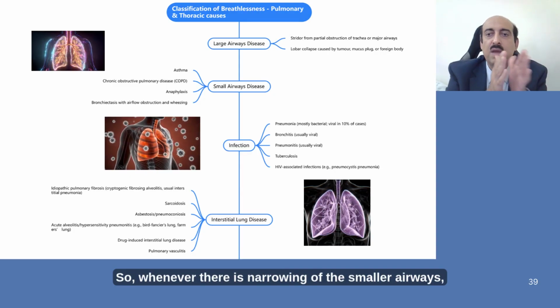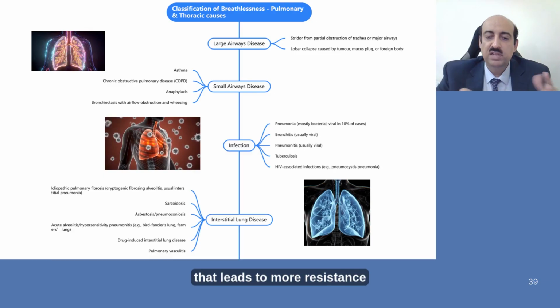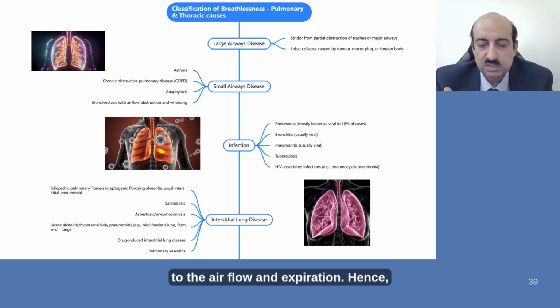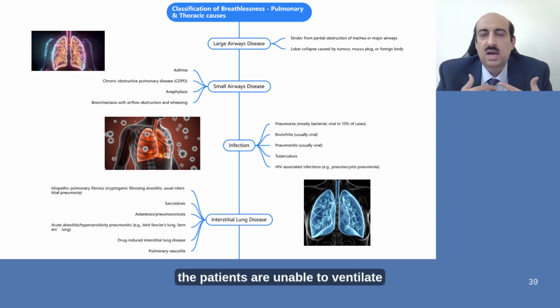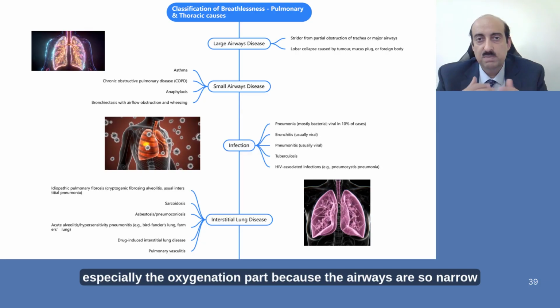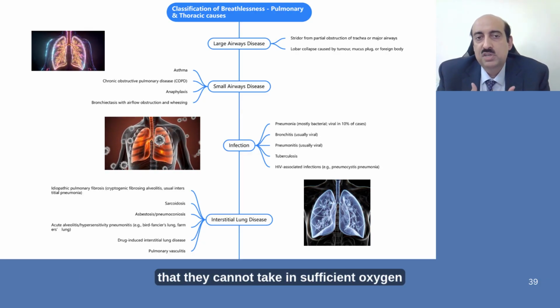So whenever there is narrowing of the smaller airways, which is pretty much diffused throughout bilaterally, that leads to more resistance to the airflow and expiration, and hence the patients are unable to ventilate and breathe properly, especially the oxygenation part, because the airways are so narrow that they cannot take in sufficient oxygen.